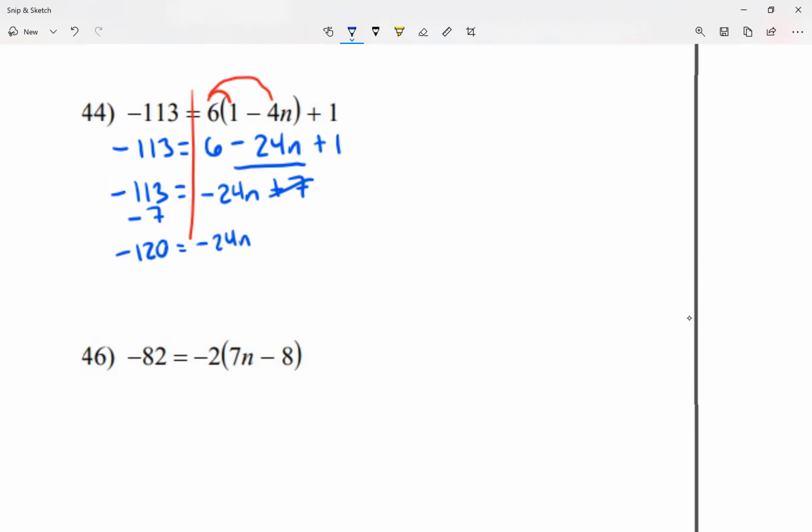Now to get the n by itself, let me divide by a negative 24. Right, always divide by the number in front of the letter. Negative divided by negative is positive. 120 divided by 24 is equal to 5. So n is equal to 5.